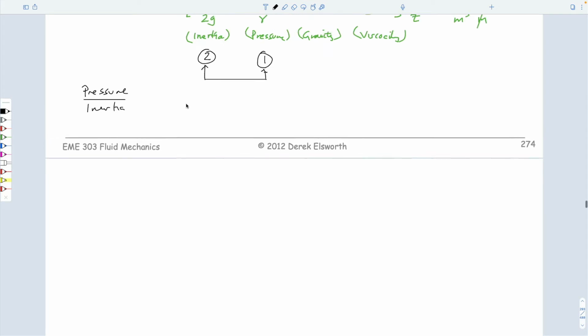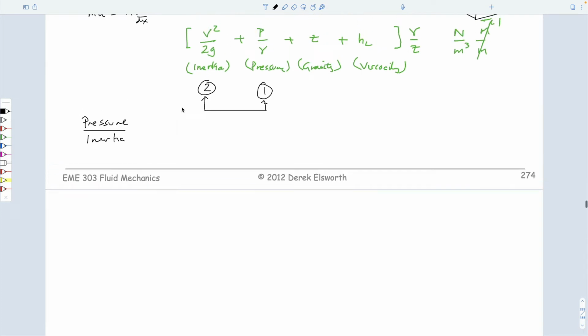That would be pressure over rho g divided by v squared over 2g. Get rid of the g's. We don't care about a factor of 2, because we can choose the number we want. The 2 doesn't make any difference to the dimensions, but pressure divided by rho v squared is what we'll refer to as the Euler number.